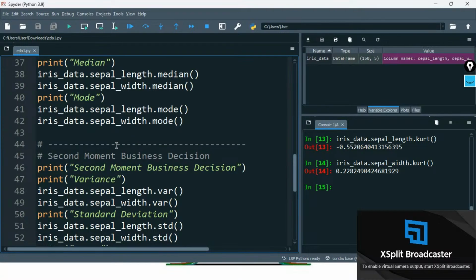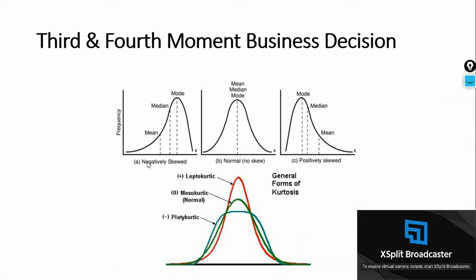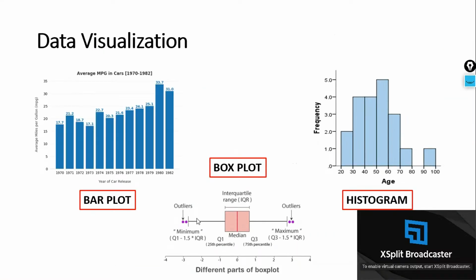First understand the data characteristics, then load the data into the IDE, whatever you are using, and start working on the first moment, second moment, third moment, and fourth moment. Good. Now, let us go and understand the data visualization that we are actually very interested in.